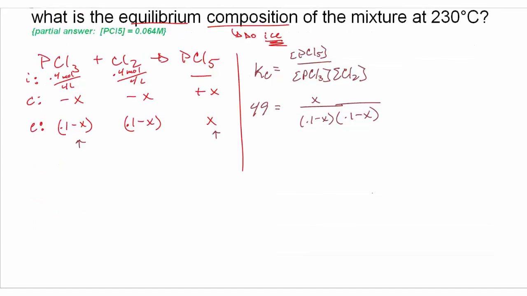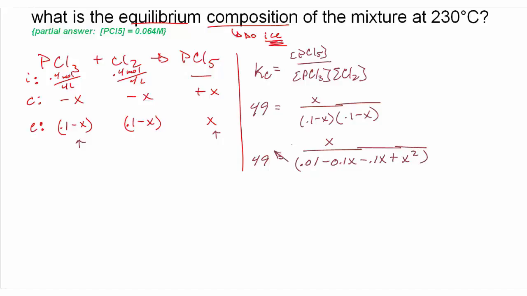Okay, so let's solve for this x. Let's multiply the bottom one through first. 0.1 times 0.1, it's just 0.01, right? 0.01. So we'll have a negative 0.1x, and then multiply the next one, negative 0.1x plus x squared.